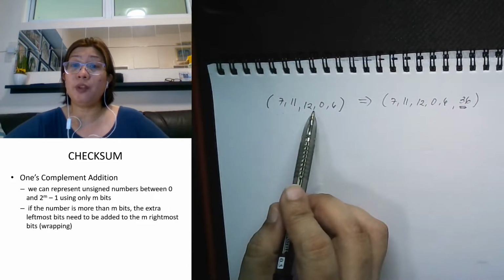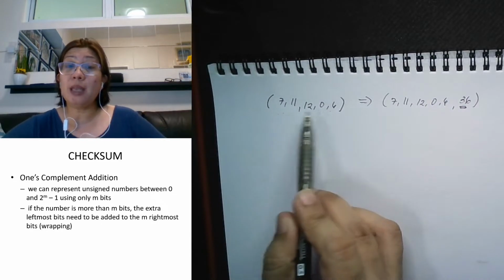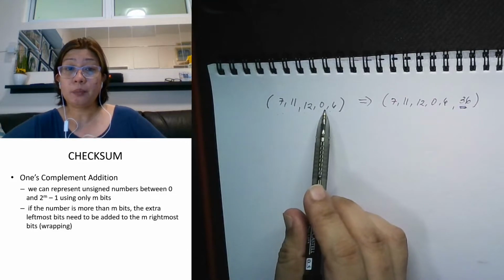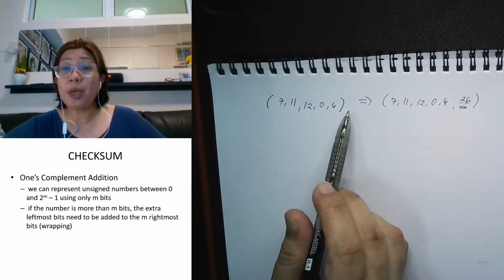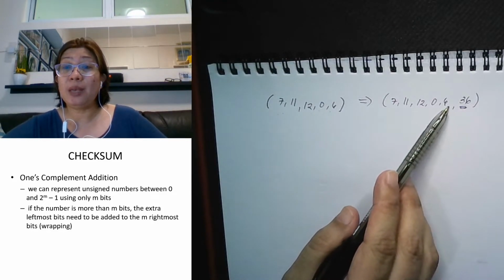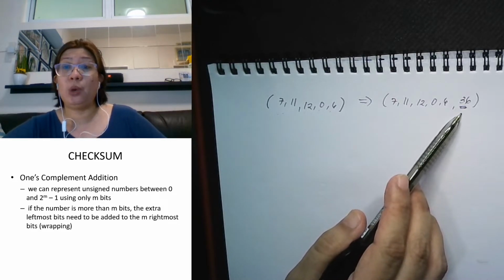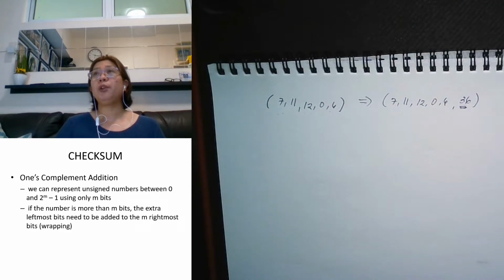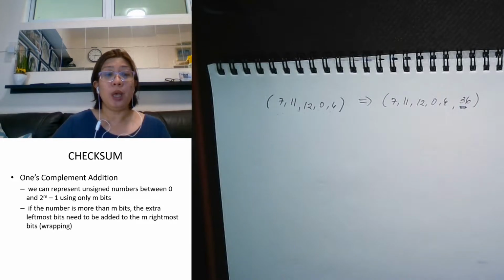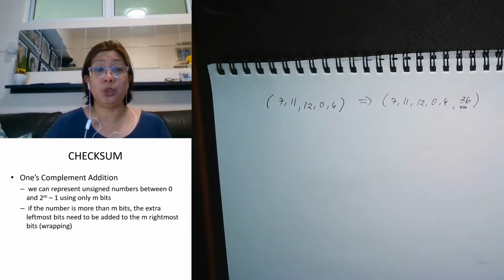So 7, 11, 12, 0, and 6 can all be represented in 4-bit numbers. However, we cannot represent 36 using only 4 bits. So what's the solution then?